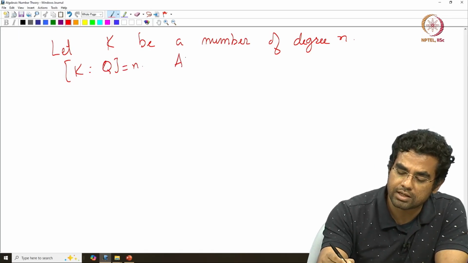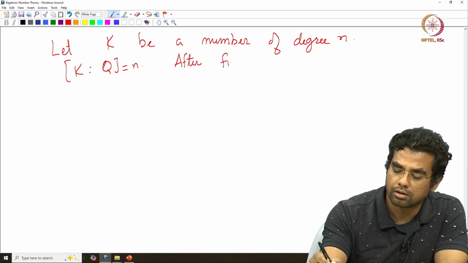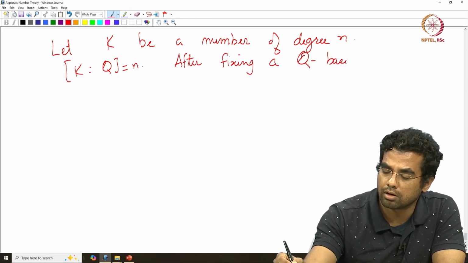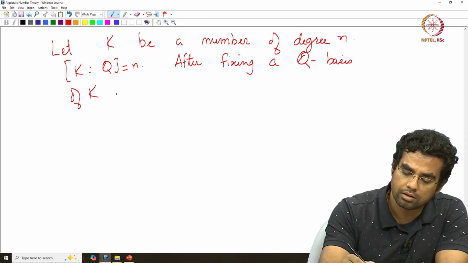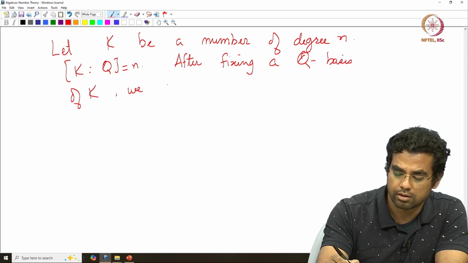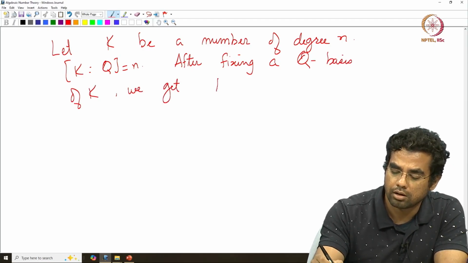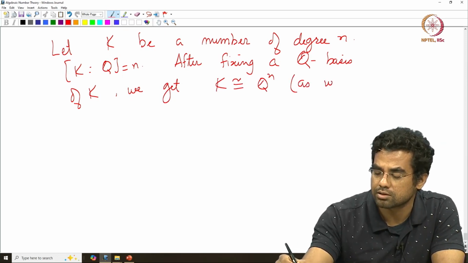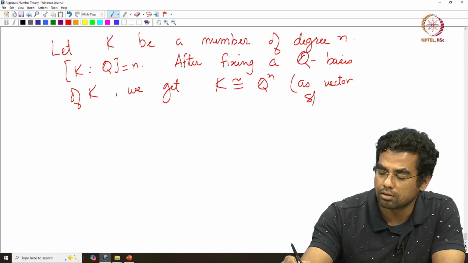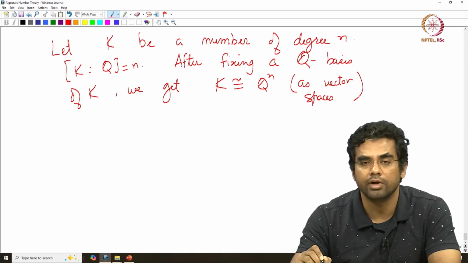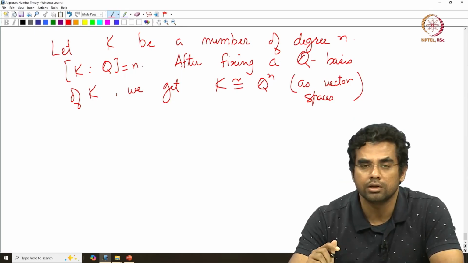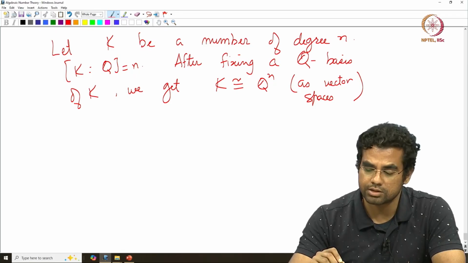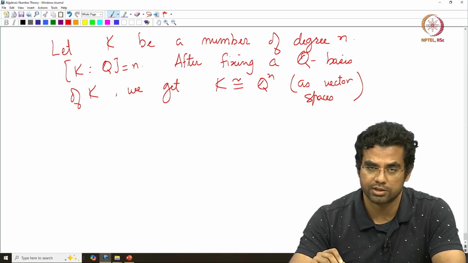After fixing a Q basis of K, we can identify K as isomorphic to Q^n as vector spaces. Of course, not as fields, because Q^n does not have any natural structure as a field. So this identification is just an identification of Q vector spaces.